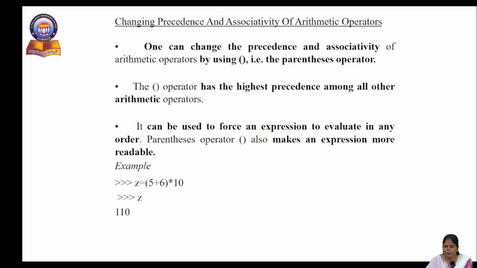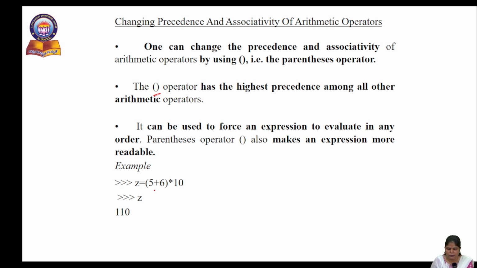Changing the precedence and associativity of arithmetic operators is done using the bracket. Using this parenthesis operator, you can change the precedence as well as the associativity of the operator. So the parenthesis operator will be given highest precedence.